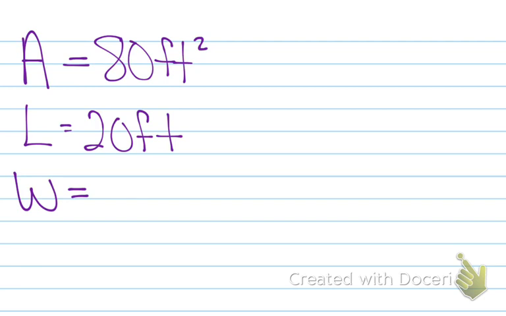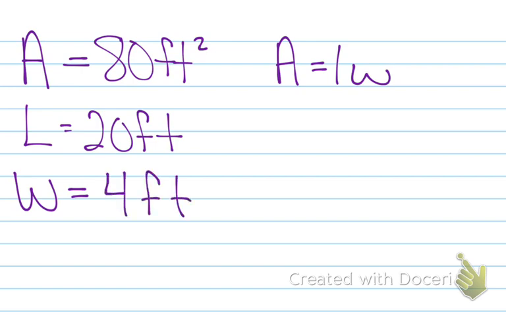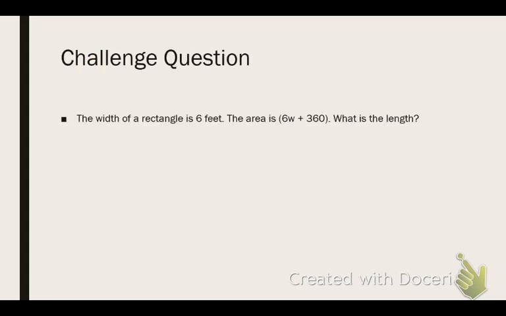Area equals length times width. So what number would I multiply by 20 to give me 80? 4. W equals 4 feet. So you all understand that I am multiplying length times width to get to my total area. You got that?